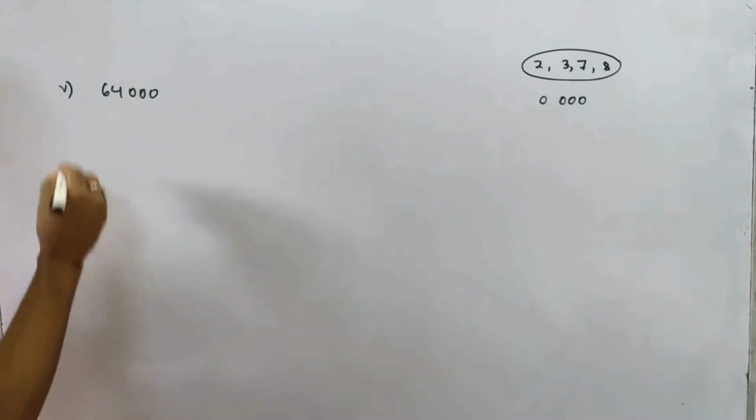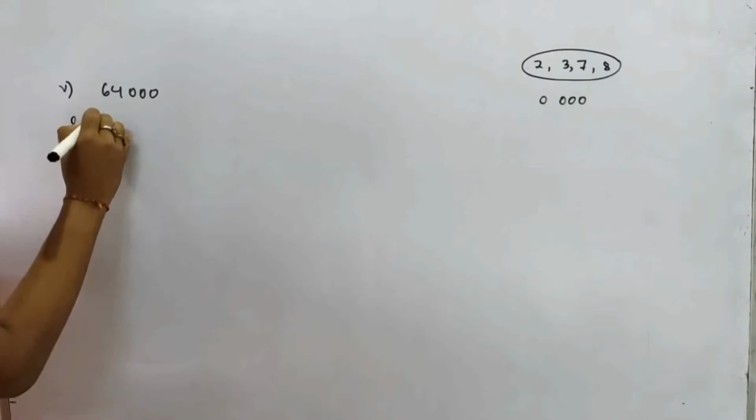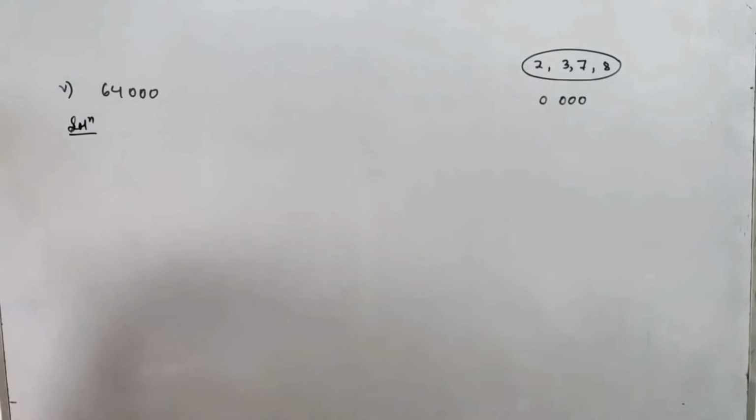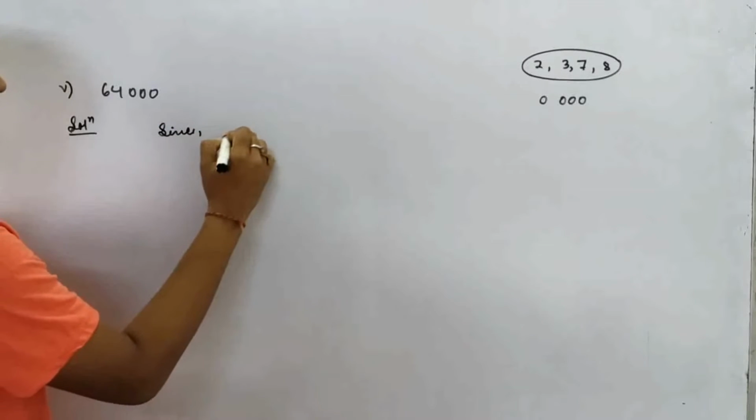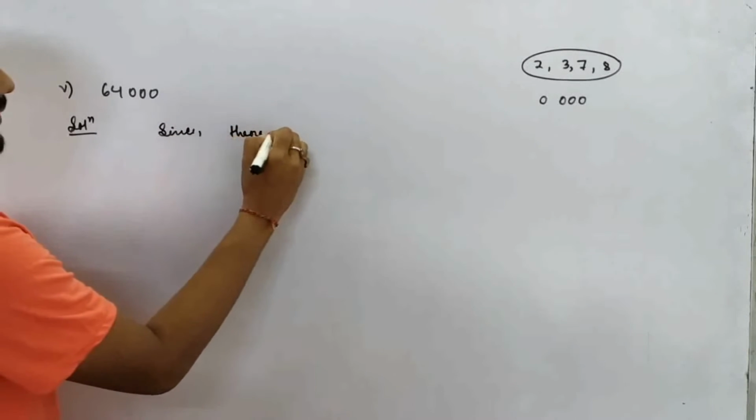So you see this question, how many zeros does this number have at its end? There are 3 zeros.